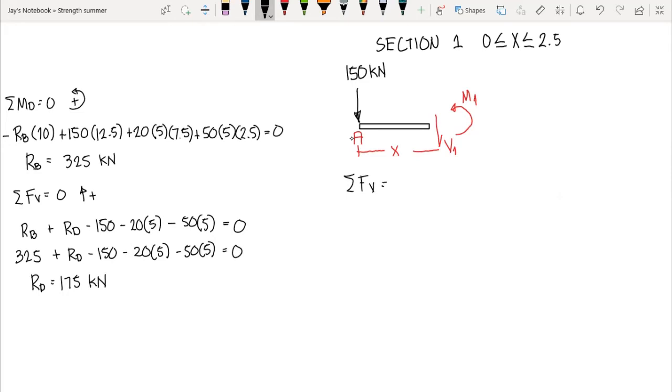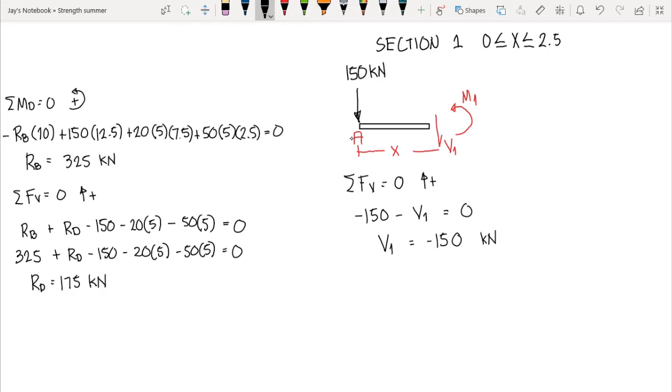Let's first compute for the shear equation. We sum up force vertical, and all the forces acting upward are positive. Then we have negative 150 kilonewton minus the internal shear 1 equal to 0. So we have our internal shear equal to negative 150 kilonewton.